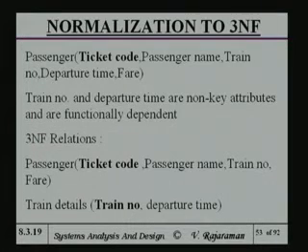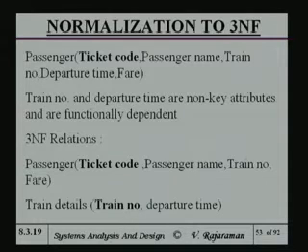Let me take another example. A passenger relation, ticket code. See, a passenger buys a ticket, the ticket code is like a number which is given by our railways, called their PNR number or whatever, and that ticket code is a unique identifier of the ticket, and then passenger name, train number, departure time, and fare.